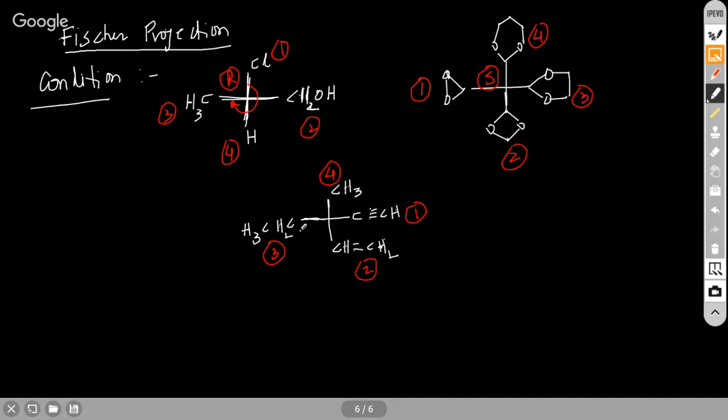So 1, 2, and 3 is anti-clockwise, S. So this one will be R configuration. Tell me, is it clear? Understood? All of you understood? Any doubt?